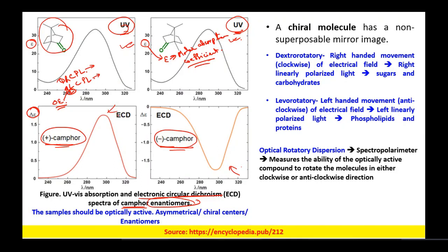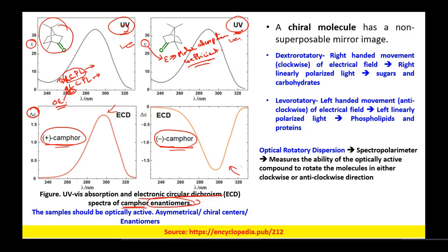Okay, so in the case of enantiomers, where there are different chemical orientations but the chemical formula remains the same, it has been seen that they would absorb either the RCPL or the LCPL more, and the other may not be absorbed to that greater extent.